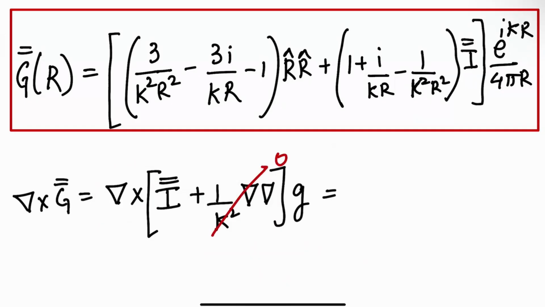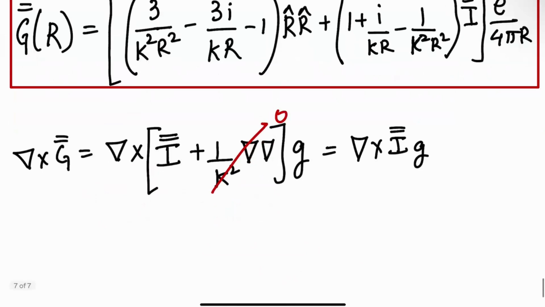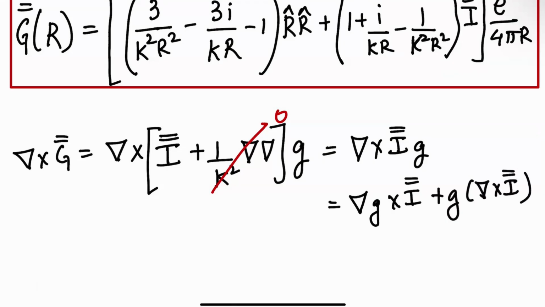And now we get a nice simple form, which is the curl of I times G. Again, we have a vector identity for the curl of a vector times a scalar, but we can also apply it to tensors, as we saw before. Vector identities can be extended, and you will get this curl of I. But the curl of the identity is 0.